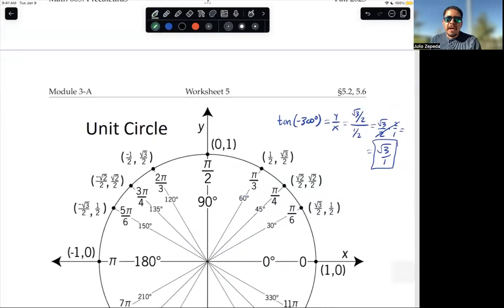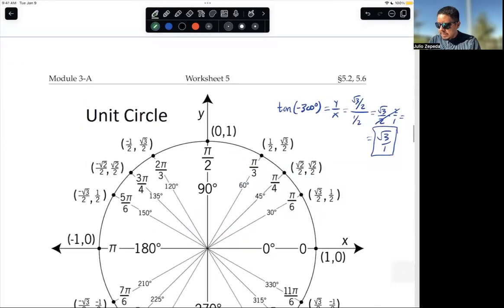The other way would be to find a coterminal angle that is on the unit circle. So within 0 to 360 degrees. And so what we would do is we would take negative 300 degrees. Since it's too low because it's less than 0, we can then add a full rotation to that, 360 degrees. And you can see that this would be 60 degrees.